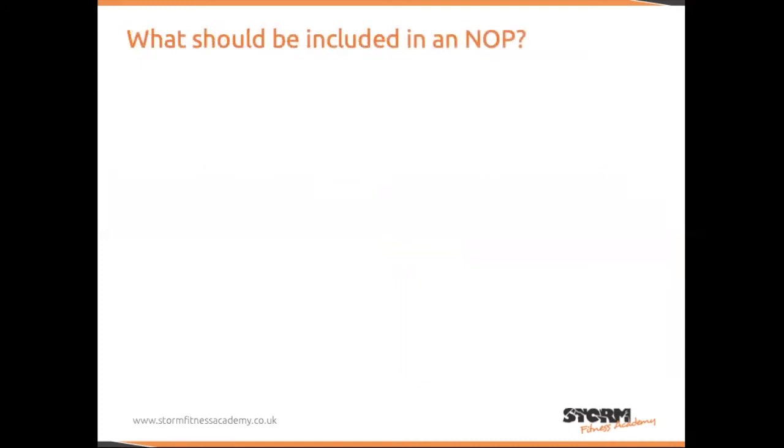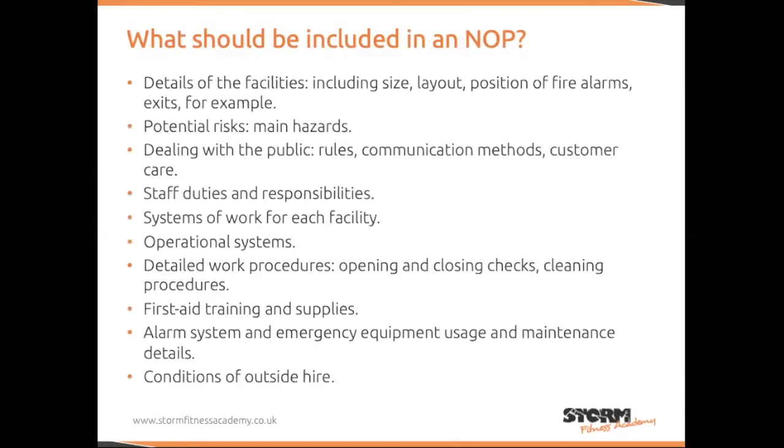So have a think about what should be included in a normal operating procedure. Well, there could be details of the actual facilities, so the size of the facility, the layout, the position of fire alarms, fire exits, etc. All the potential risks, how to deal with the public, so maybe rules and the way we communicate, all the staff duties and responsibilities, systems of work, operational systems, then more detailed work procedures such as how to open up or close a facility.